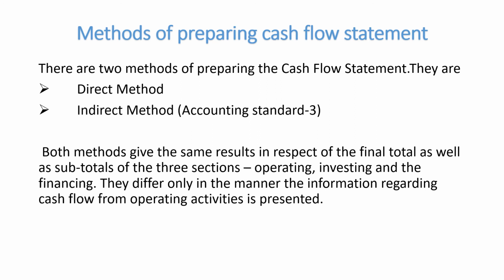Both methods give the same results in respect of the final total as well as the subtotals of the three sections, that is, operating, investing and financing. They differ only in the manner in which the information regarding cash flows from operating activities is presented.